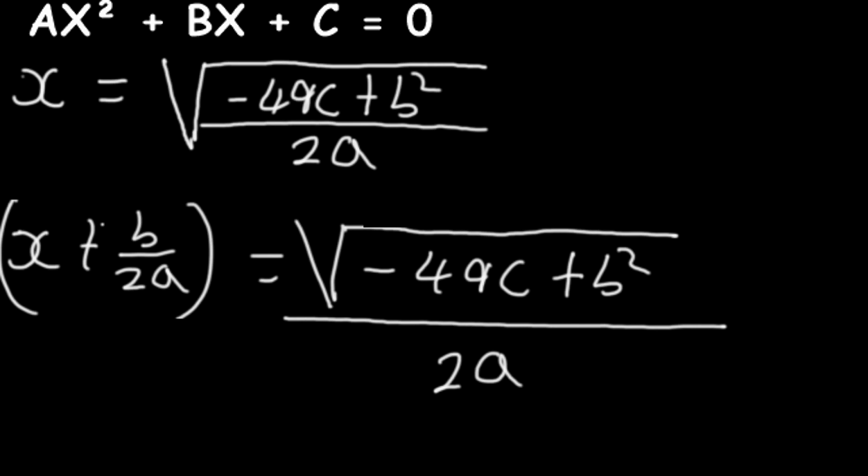When positive b over 2a is coming to this side, it becomes minus b over 2a.